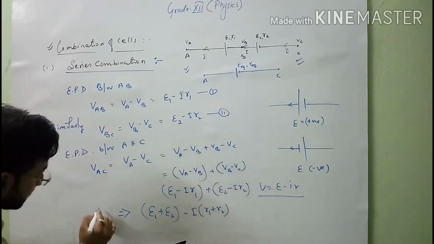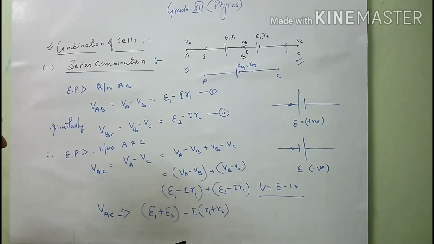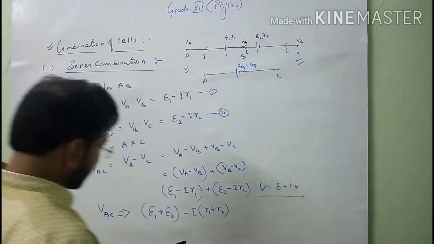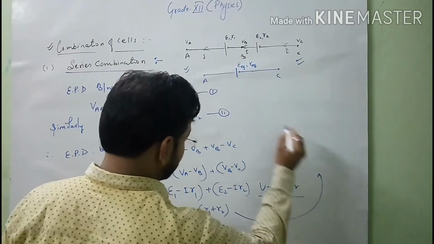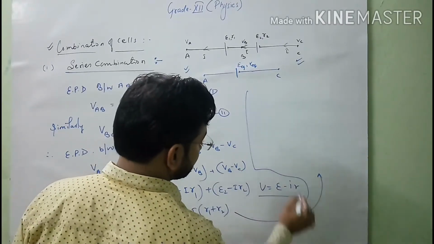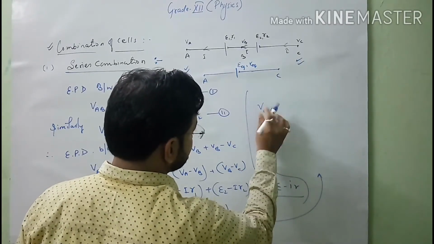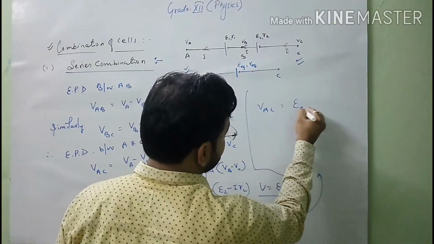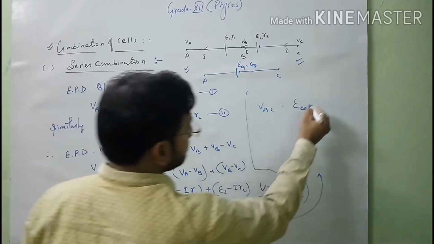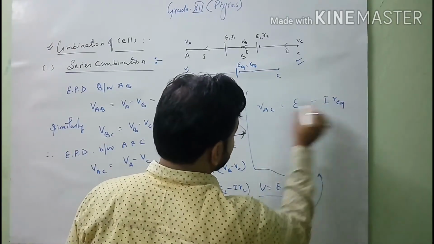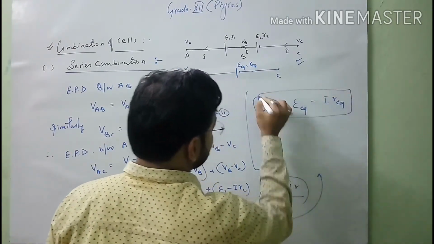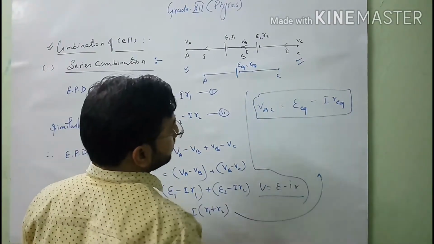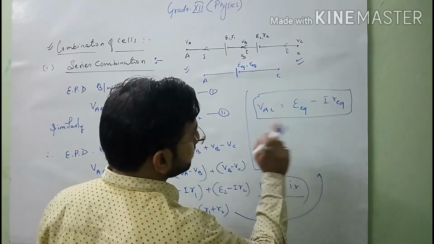So finally VAC is equal to epsilon equivalent minus I R equivalent. This is the net potential difference between A and C, in terms of equivalent EMF and equivalent internal resistance.